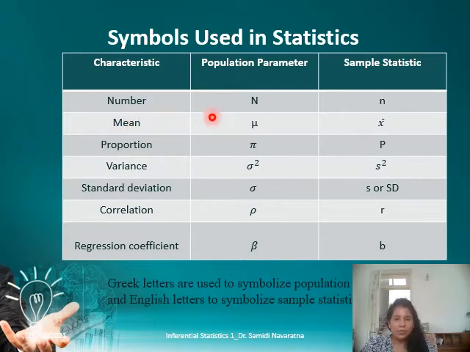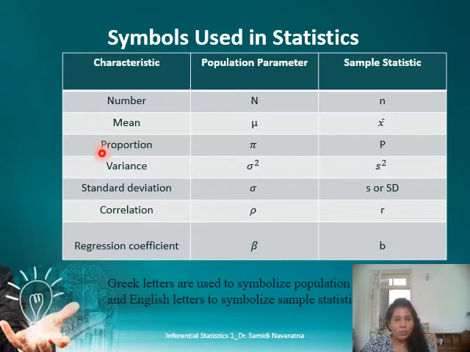So the mean is represented by Greek letter mu for the population parameter, and where the sample statistic is concerned, the mean is represented by x bar.